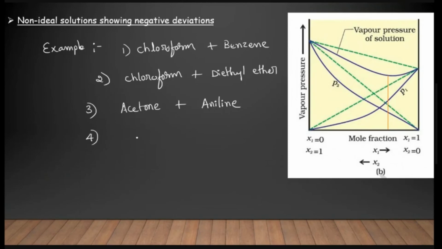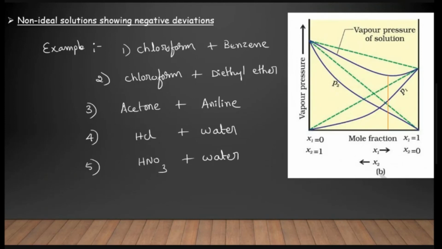Fourth example, HCl and water. Fifth example, nitric acid and water. So I need not explain every example. It's all the same way in the molecular interaction. So just consider all these examples behave the same way as I showed you just now. They all show the same kind of deviation, that is negative deviation from Raoult's law. So these are the examples for negative deviation from Raoult's law.